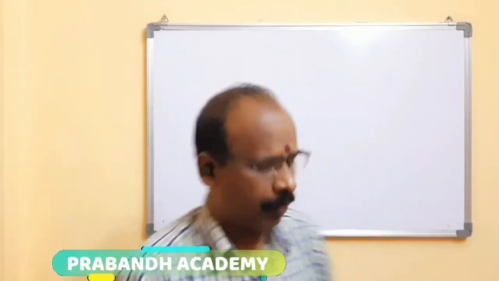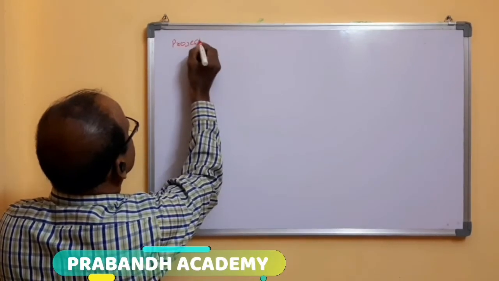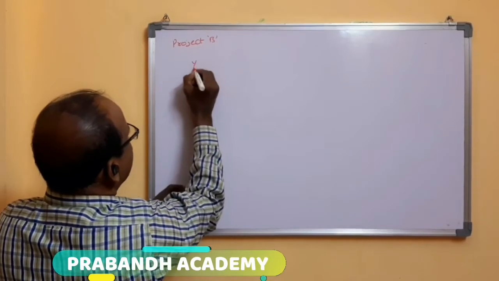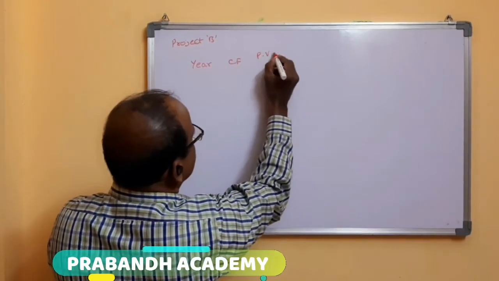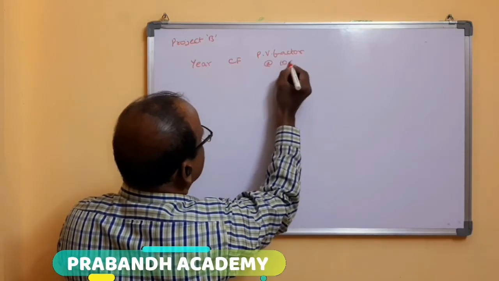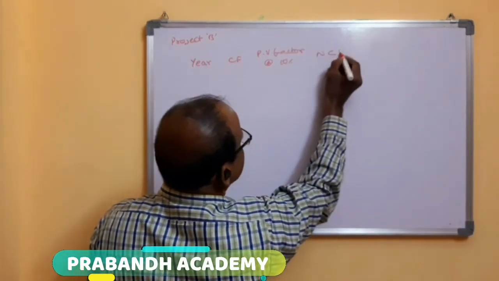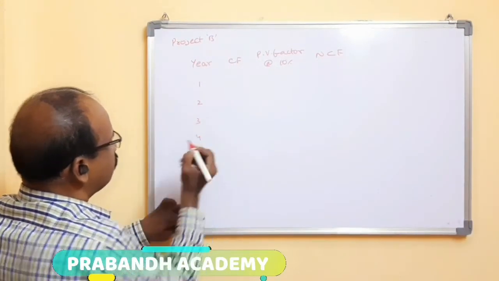Now we calculate project B. Here cash flows, PV factor at 10%, net cash flows. So here 1, 2, 3, 4.